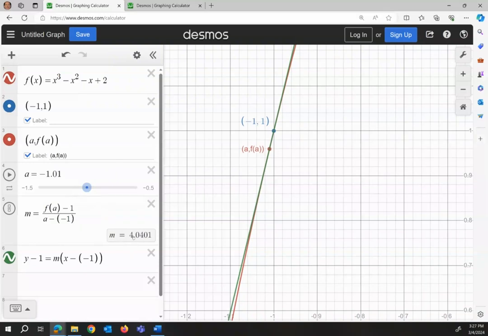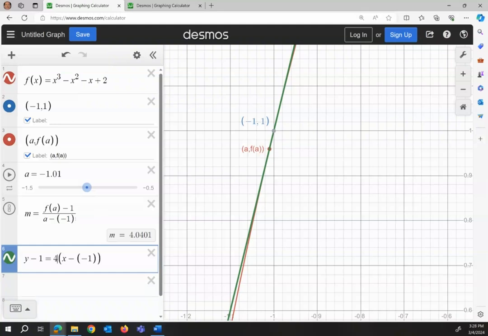Our slope is like 4.04 when we're just a little bit on this side of our coordinate point, or undefined if it's exactly equal, but when you pass it, it's 3.96. Well, that's right in between 4.04 and 3.96. Well, 4. So if we made our slope just a perfect 4, it doesn't go through this secant point anymore. This would just be the straight tangent line.